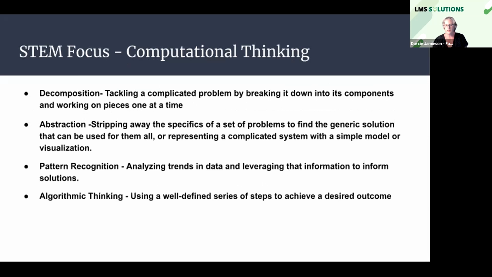So with computational thinking, there are 4 main parts. The first part is decomposition, taking a complicated problem and breaking it down into components and working on pieces one piece at a time. For example, in the English classroom, the writing process, the scientific process, taking a big project that you've got going on with your students and breaking it down into the most essential elements. The next piece is abstraction, which is taking all of the pieces and stripping away the specifics to find a generic solution.